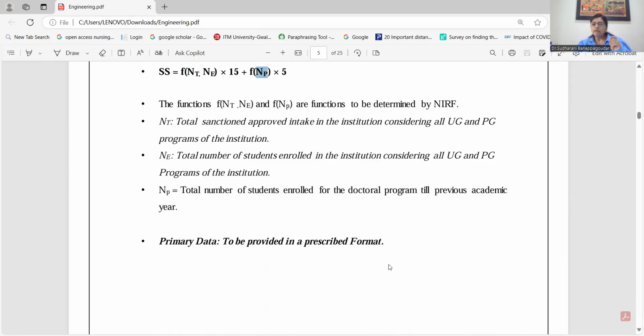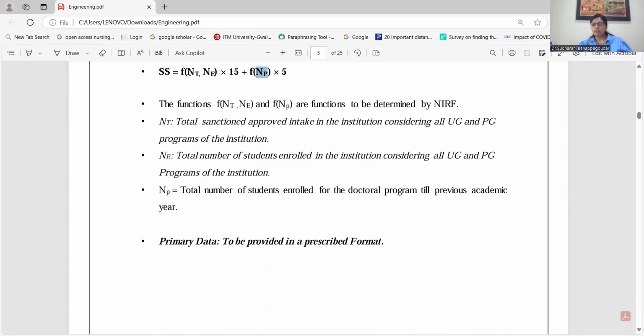I mean to say, if 20% or more of the total students are PhD candidates, whatever the enrollment or sanctioned intake of the PhD is, and more than 20% are PhD doctoral students, then it would be capped at 0.2. If NP, the doctoral students enrolled upon NE, is greater than 0.2, then the value is capped at 0.2 only, so that fairness will be ensured. Hope I am clear till here.